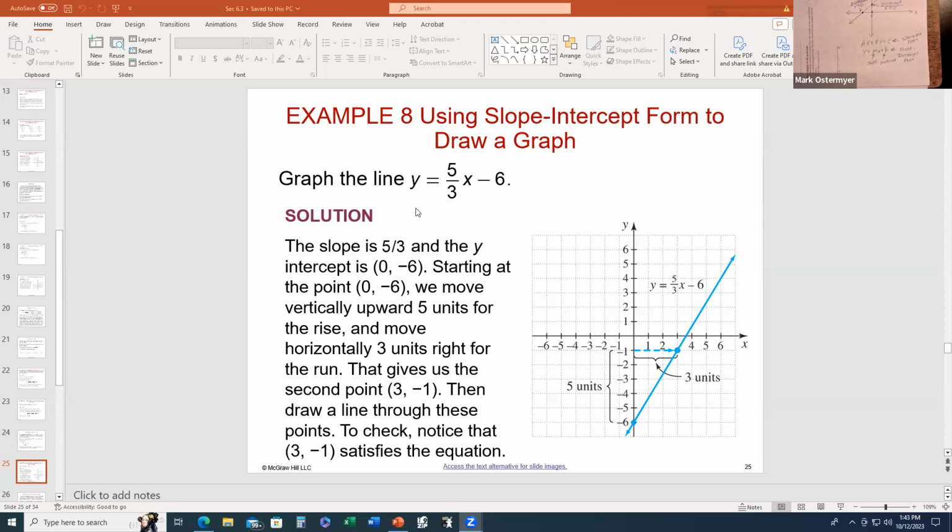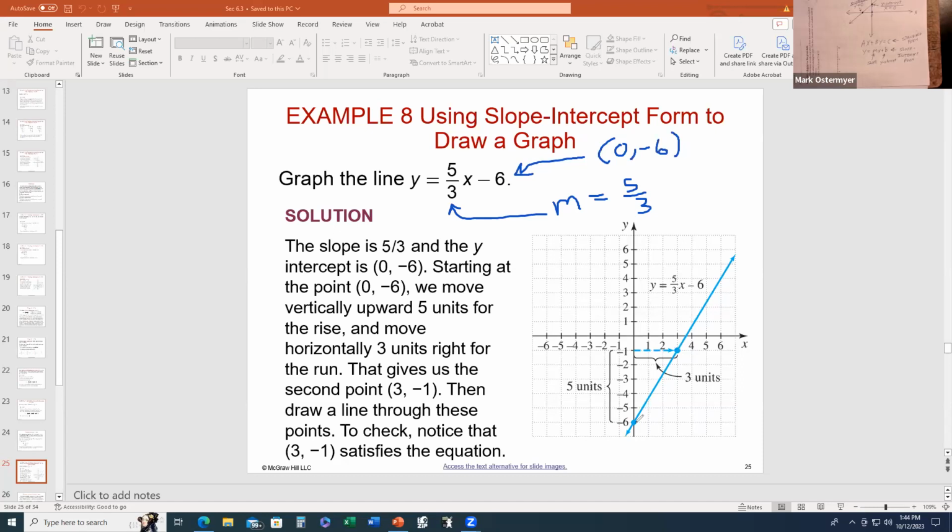Another way to graph a linear equation is to get it in slope intercept form, and then we can read off the slope of the line immediately from the equation. The slope is 5/3, and we can read off the y-intercept. The y-intercept is the point 0, -6. That's enough information, believe it or not, to graph a linear equation.